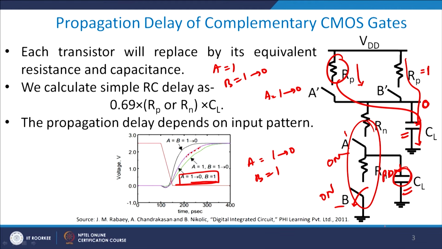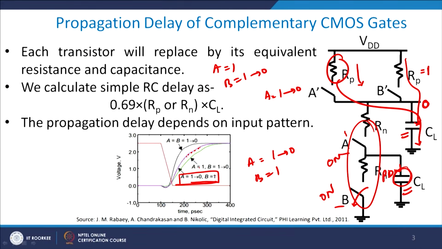So let me again recapitulate the whole thing: if A and B are both equal to 1 going to 0, that is the fastest TP-LH. If B equals 1 and A goes from 1 to 0, that is the next fastest, and the last one is A equals 1 and B going from 1 to 0, and the reason we have just now understood.